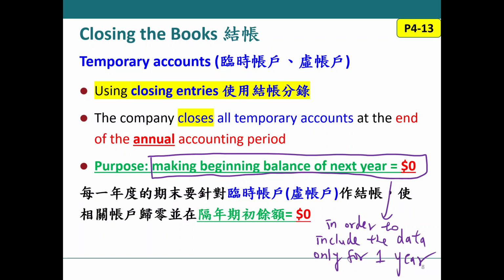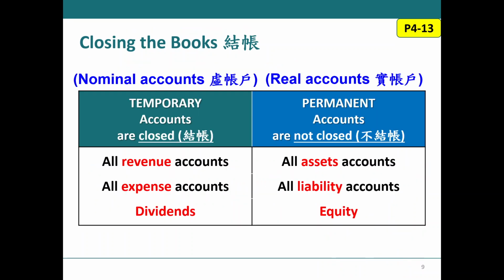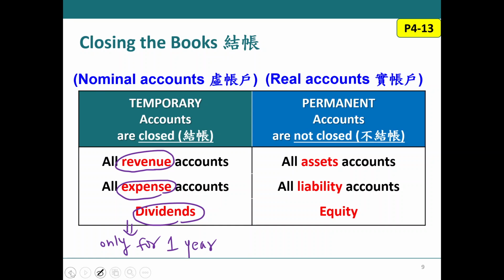These accounts include only 1 year of data. So we close the book only on revenues, expenses, and dividends. Dividends, the account also includes the data for 1 year. So revenues, expenses, and dividends, their data is only for 1 year. Okay? Because their data is only for 1 year, that's why we need to close the book.